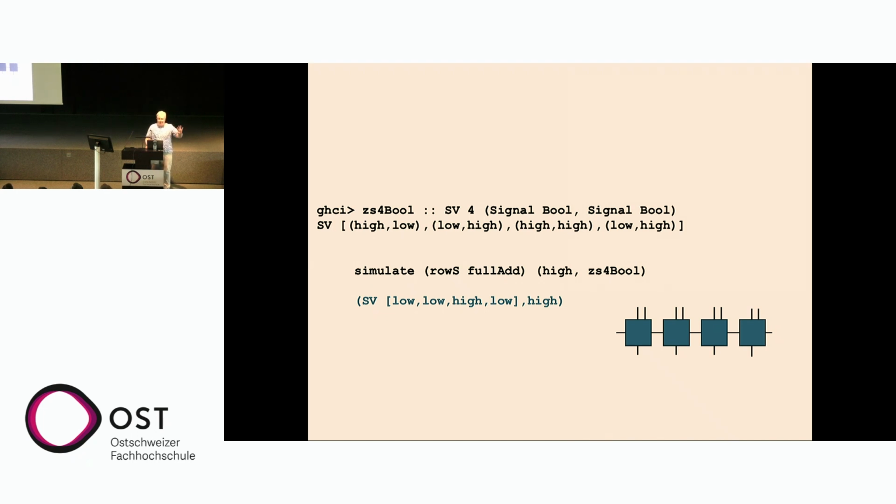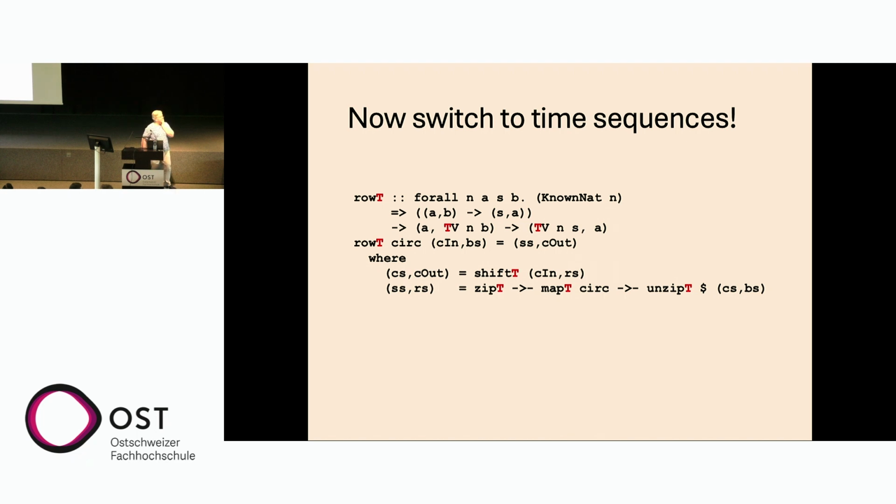Now let's switch to time sequences. So I just took all the S's and turned them into T's. And some of you think that's a horrible thing to do, but some of you know other ways to do it, but okay. So now this is rho over time, which is much harder to think about, but actually it's just the same.